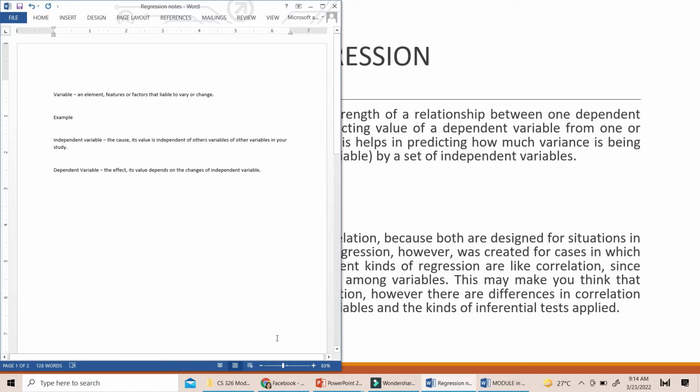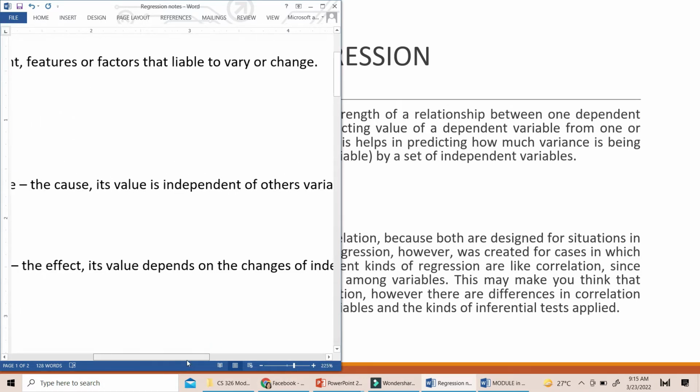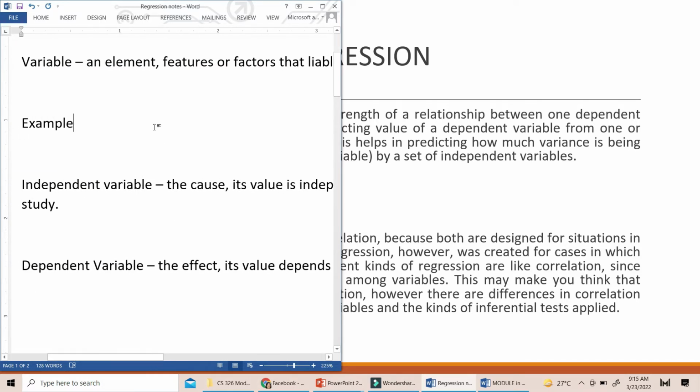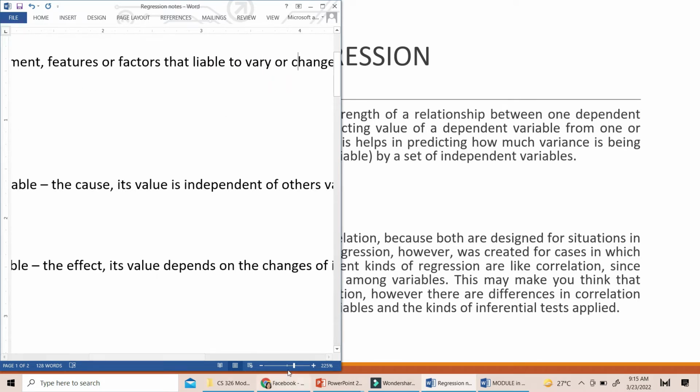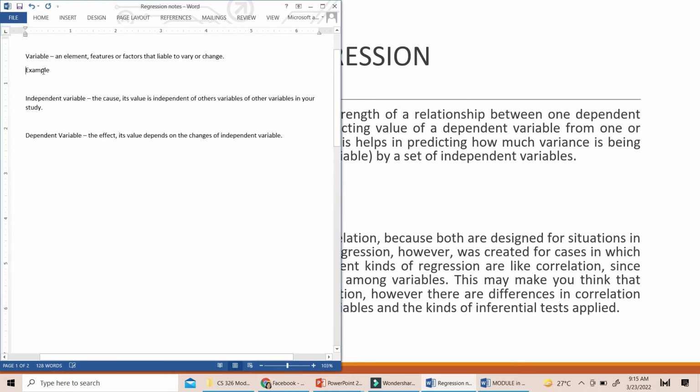These are the factors that actually define your study. It's changeable, and it varies across many types of factors.